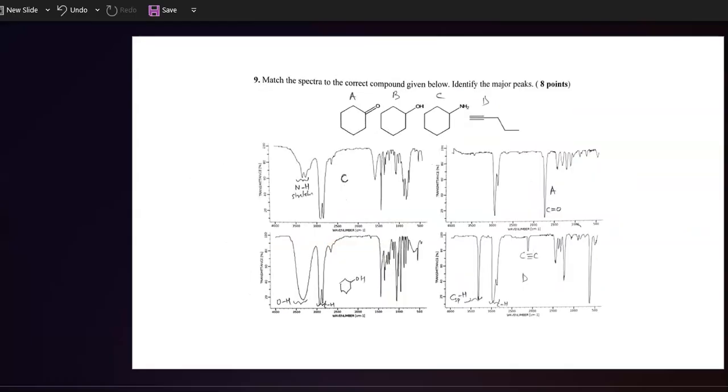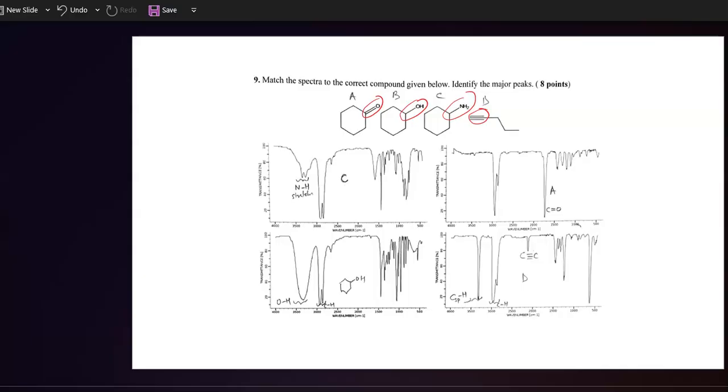Okay, the next question is on IR spectroscopy, and I think this was one of our exam questions in one of the previous exams. Anyway, be able to identify the major peaks for the functional groups. Here we have a ketone, an alcohol, an amine, and a terminal alkyne.